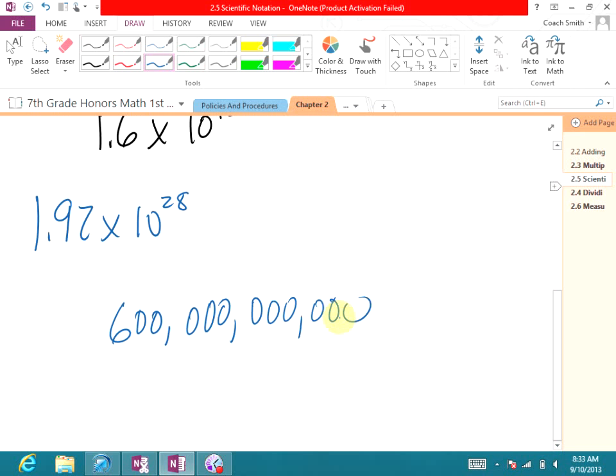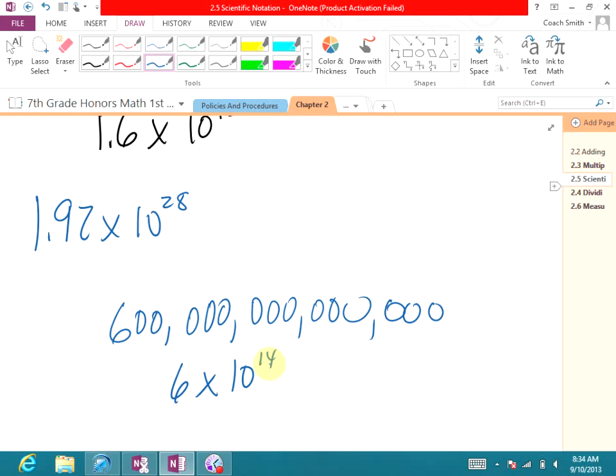It's millions, hundred millions, billions, so I got to go one more set. So that's 600 trillion, with 100,000, millions, billions, trillions. So that is 1, 2, 3, 4, 5, 6, 7, 8, 9, 10, 11, 12, 13, 14. So how I would write that is 6 times 10 to the 14th power.